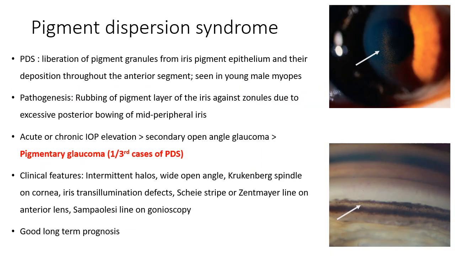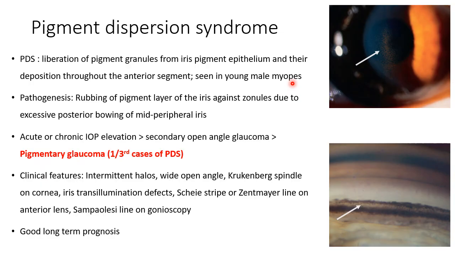The next secondary glaucoma is pigment dispersion syndrome, and its related glaucoma is known as pigmentary glaucoma. Pigment dispersion syndrome is characterized by liberation of pigment granules from the posterior iris pigment epithelium and the deposition of these pigment granules throughout the anterior segment, commonly seen in young male myopes.